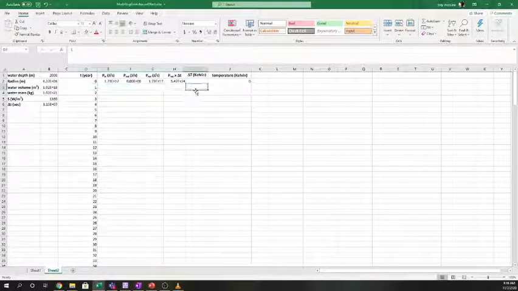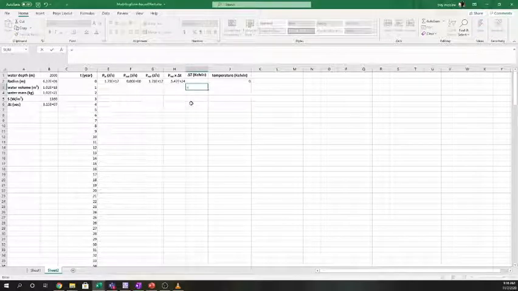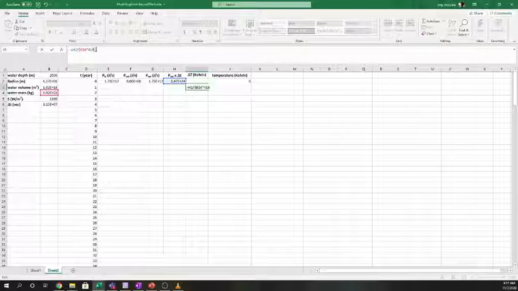So I'm going to calculate the change in temperature here by typing equals the net power times time divided by the mass of the water, and I'll have to use dollar signs again because I'm going to copy this formula downward, and I'm going to multiply that by the heat capacity of the water, 4184, but all of this needs to be in the denominator under P net times delta T, so I'm going to put parentheses around it.